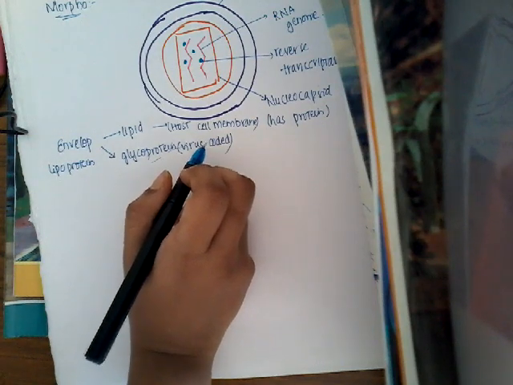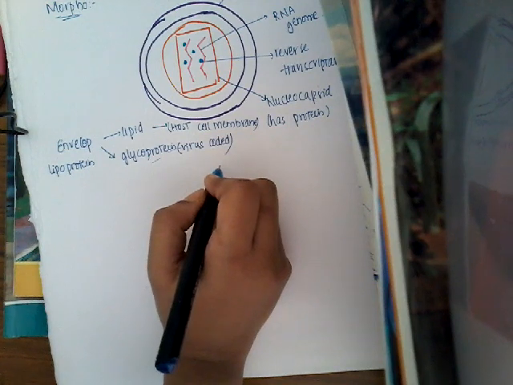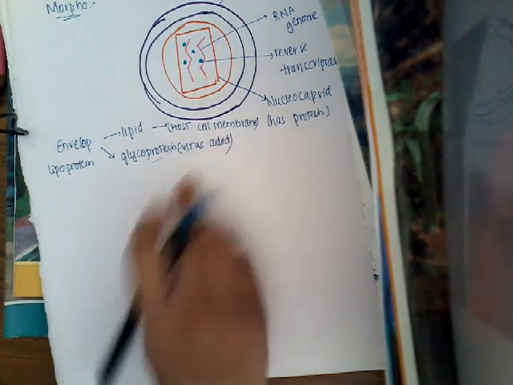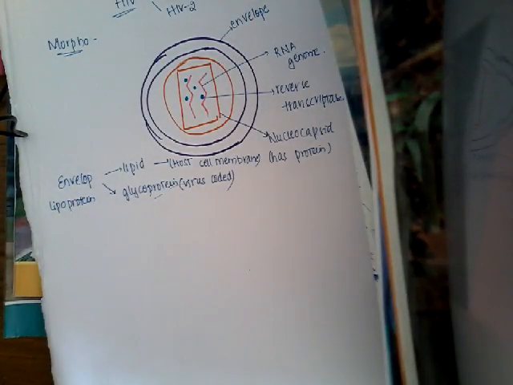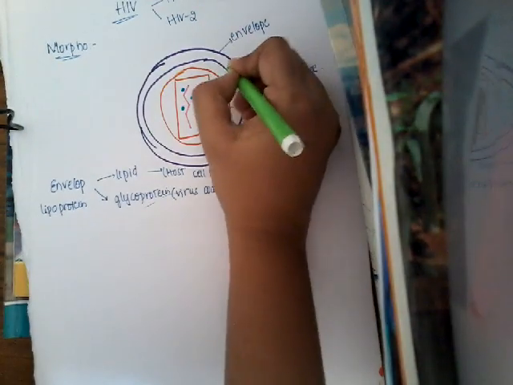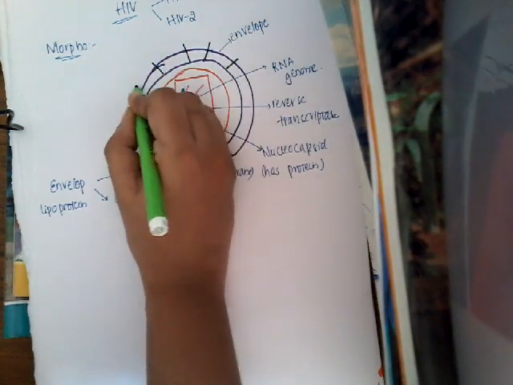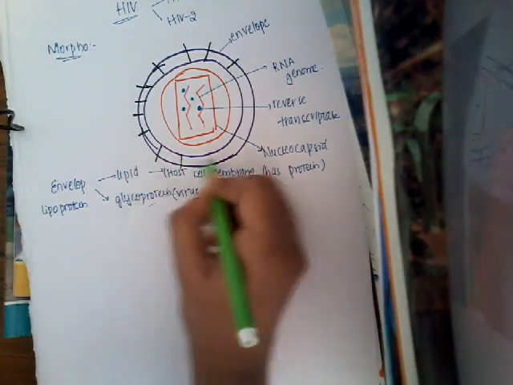Within the glycoprotein part, there are some projecting spikes. I'll draw these projecting spikes in another color. So from the envelope there are some projecting spikes.